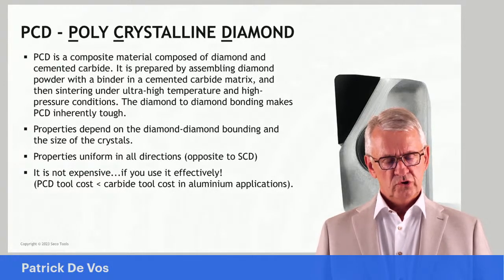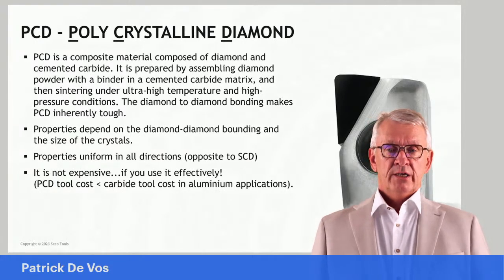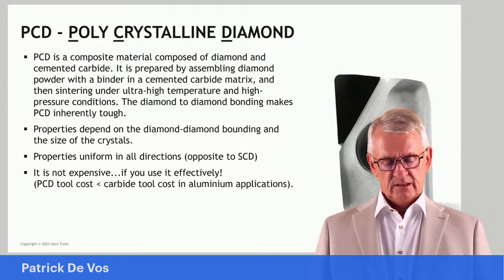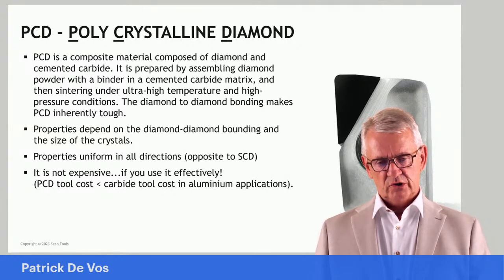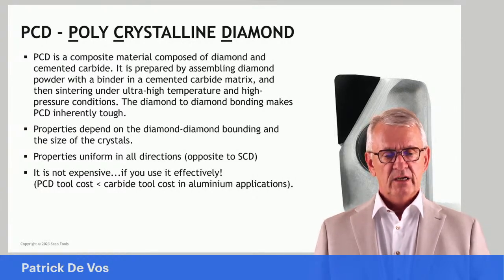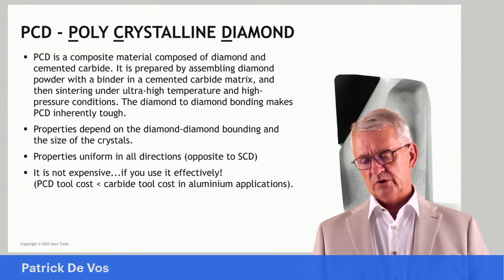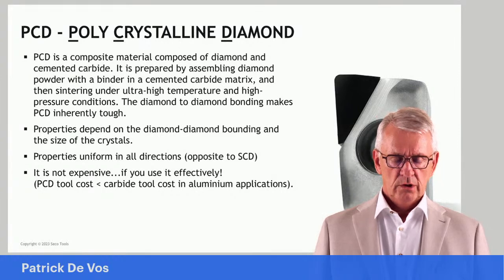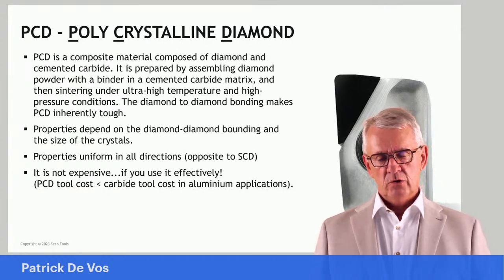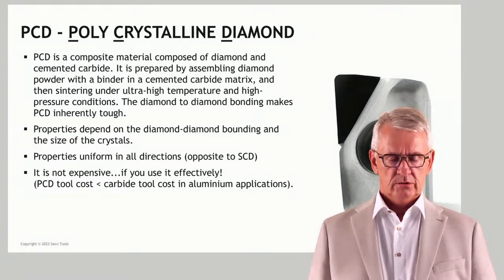But if you use the tool in an effective manner, as it is supposed to be used, the cost you have to carry in your production to pay for your diamond tooling per workpiece or per production hour or per whatever you want to calculate, is extremely low when you use it in the correct applications.